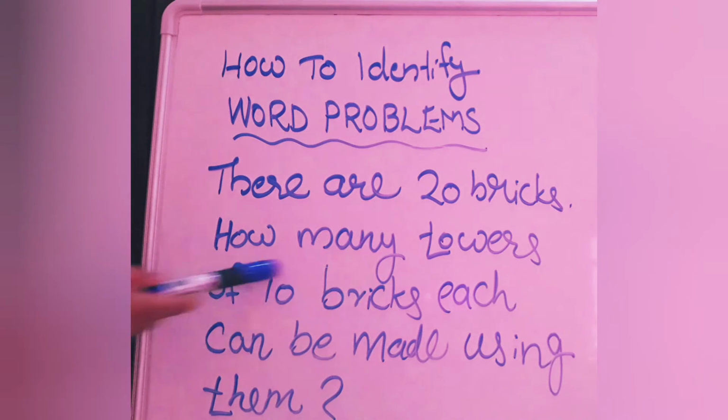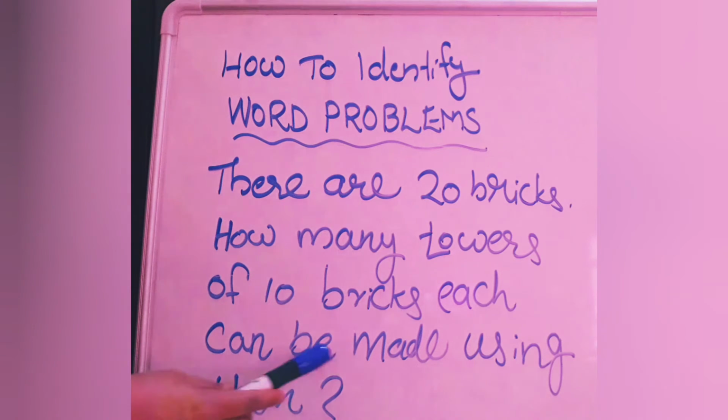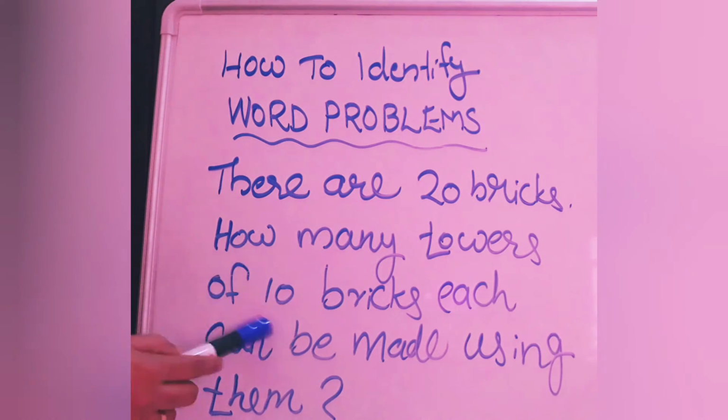So how many towers? I told you that how many most of the time comes in division. So you have to do 20 divided by 10. 2 is the answer. 2 towers we can make using 10 bricks each. I mean 10 bricks for one tower, another 10 bricks for another tower.